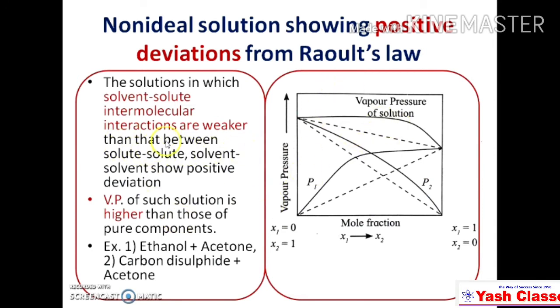Now, depending upon the type of interaction, whether the interaction is weaker or stronger between solvent and solute, non-ideal solutions are of two types: non-ideal solutions showing positive deviation and negative deviation from Raoult's law. So first of all, we try to discuss what a non-ideal solution showing positive deviation from Raoult's law is.